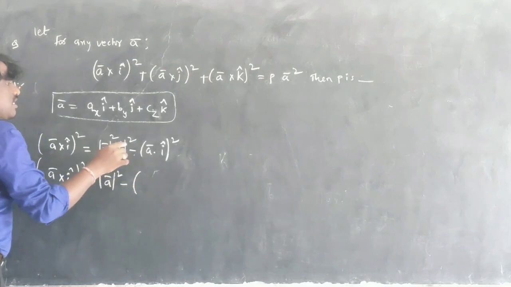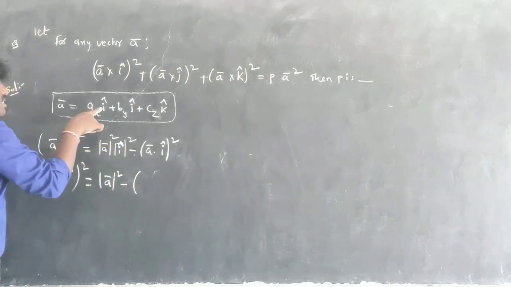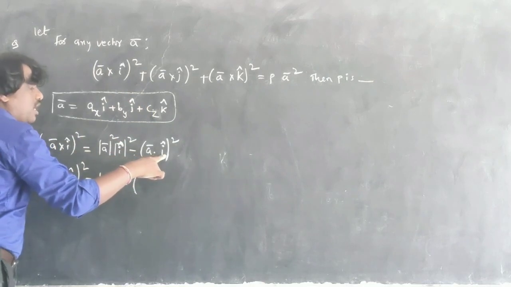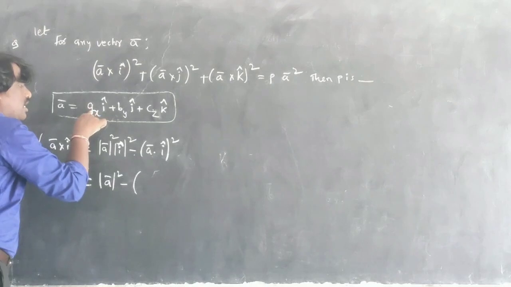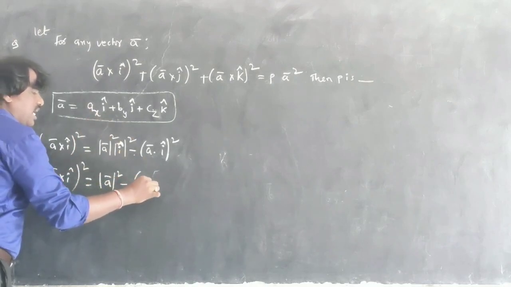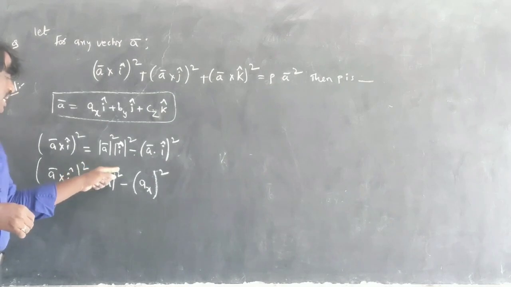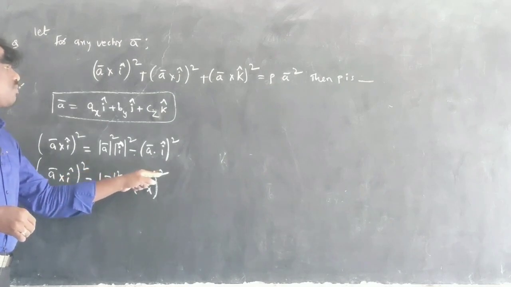Now a vector is axi plus byj plus czk, dot into i. If I do dot into i, i dot i is 1, so I get ax square. So what I got here, a cross i whole square, is mod a square minus ax square.